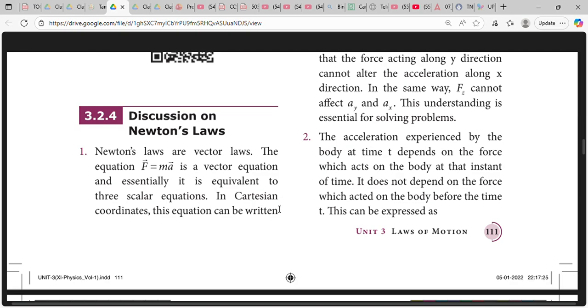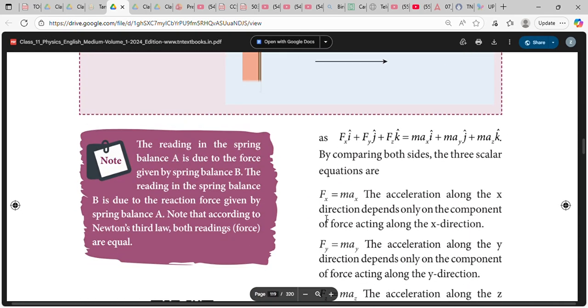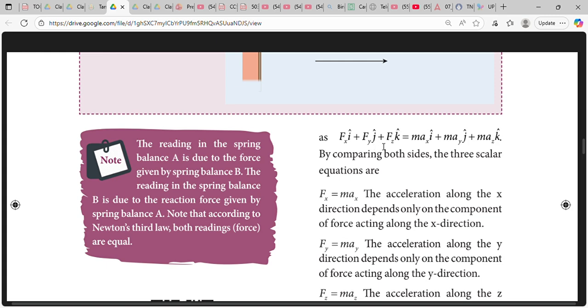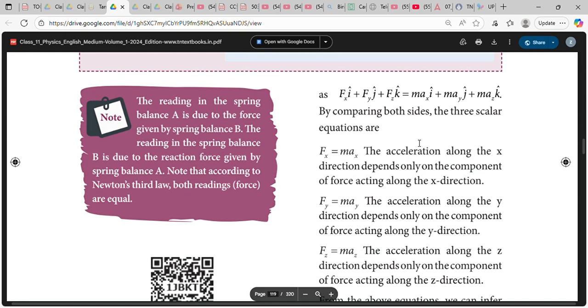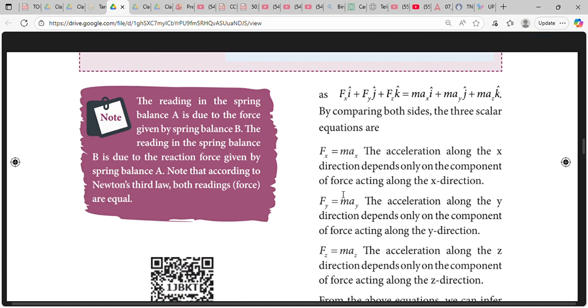In Cartesian coordinates, this equation can be written as Fx i vector plus Fy j vector plus Fz k vector is equal to m ax i vector plus m ay j vector plus m az k vector. By comparing both sides, the three scalar equations are Fx is equal to m ax.